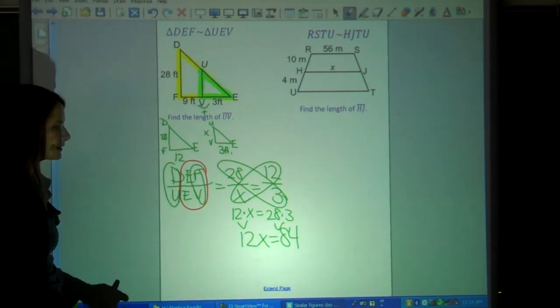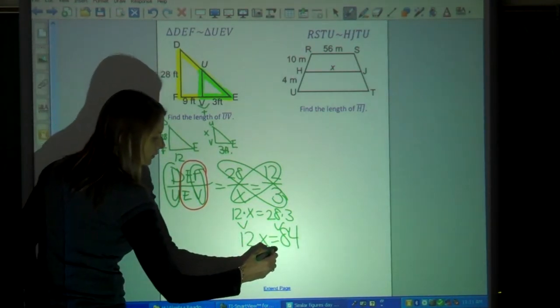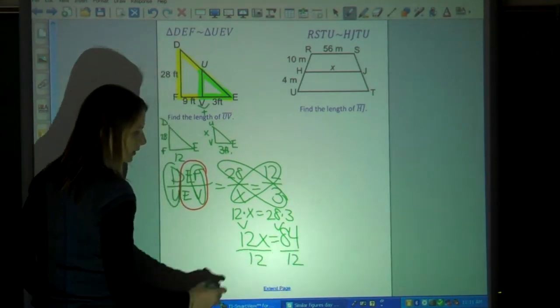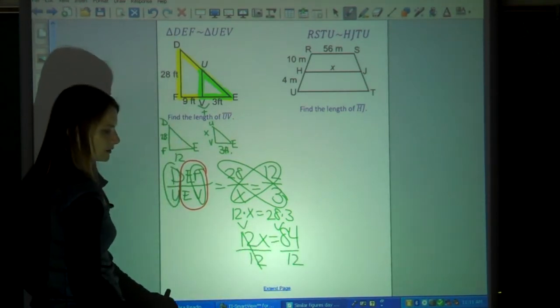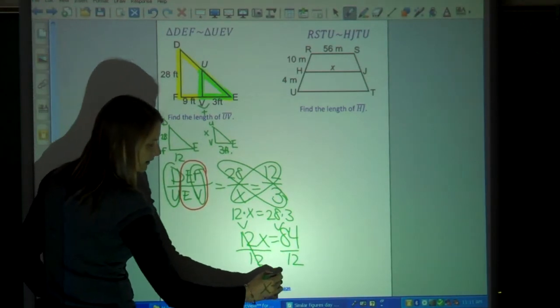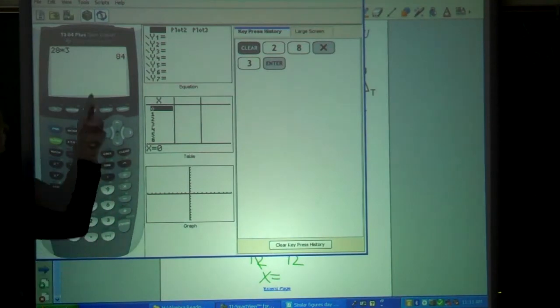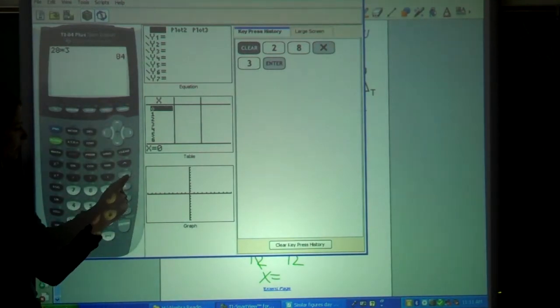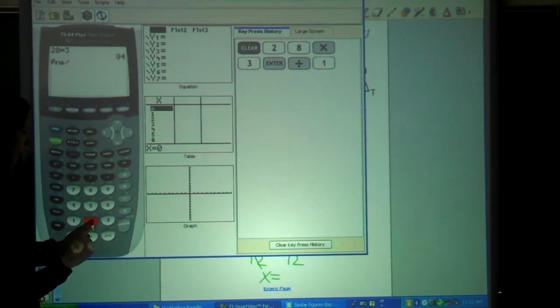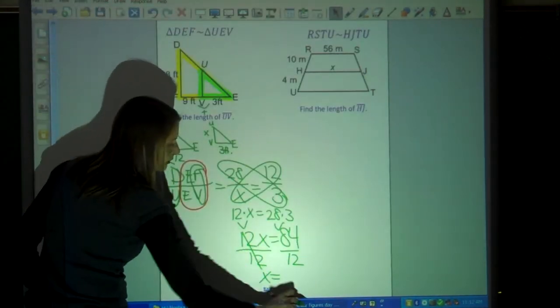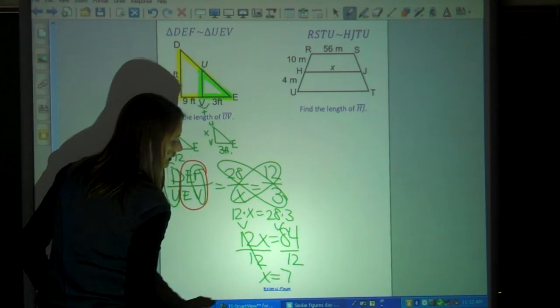Since I don't know what x is, and that's what I'm trying to find, I'm going to do the opposite and divide both sides by 12. 12 divided by 12 is 1, so we cancel that out. And we get x equals 84 divided by 12. It's already the 84 in my calculator, so I'm going to divide by 12, hit enter, and I get 7. So x is 7.